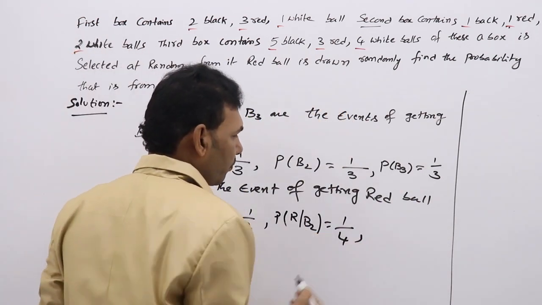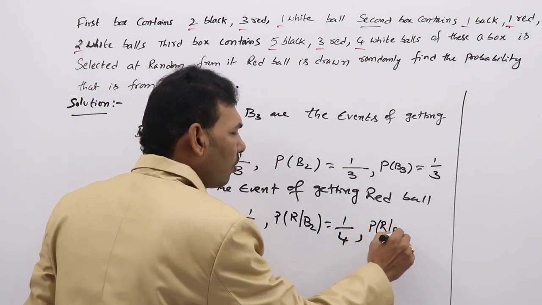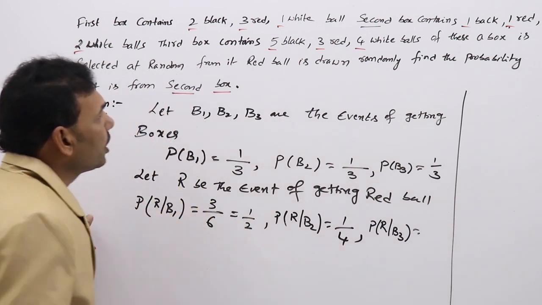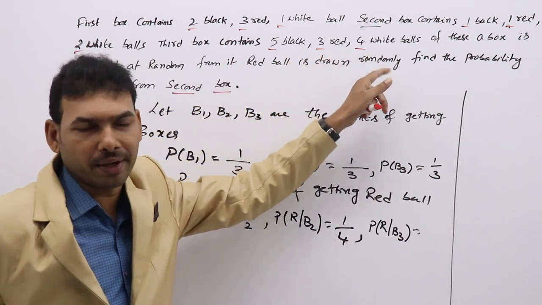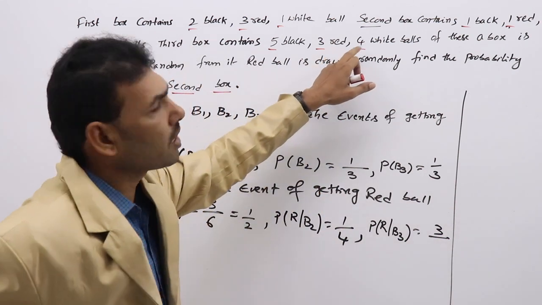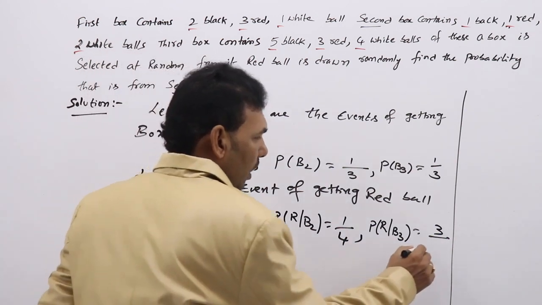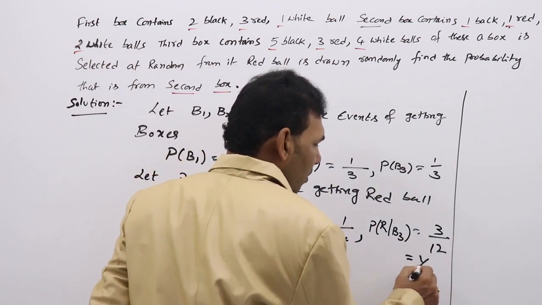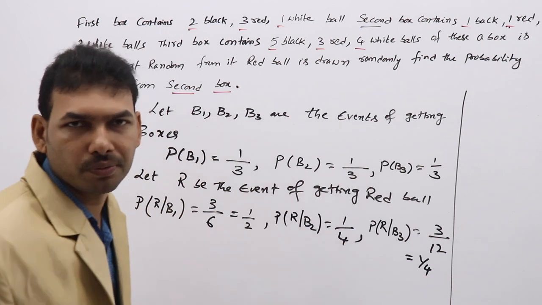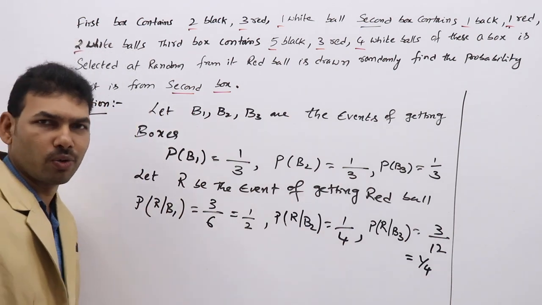So 1 by 4. Similarly, what is the probability of getting a red ball from box 3? In box 3, how many red balls? 3 red balls. Total number of balls: 3 plus 4, 7; 7 plus 5, 12. So 3 by 12 means 1 by 4. So this is the given information from the question.